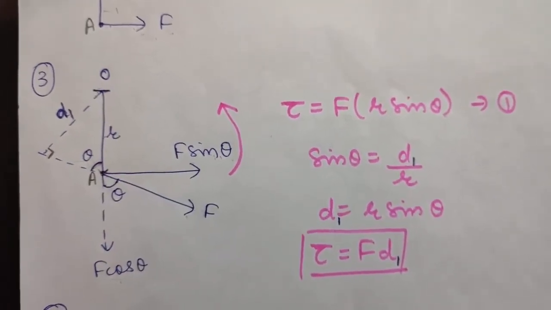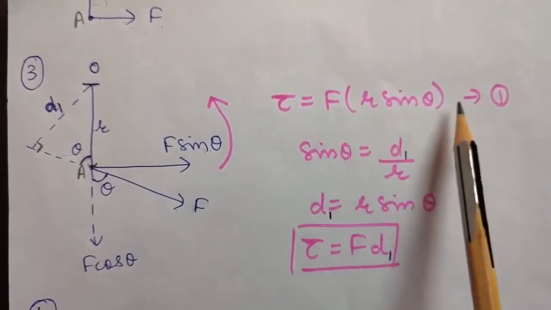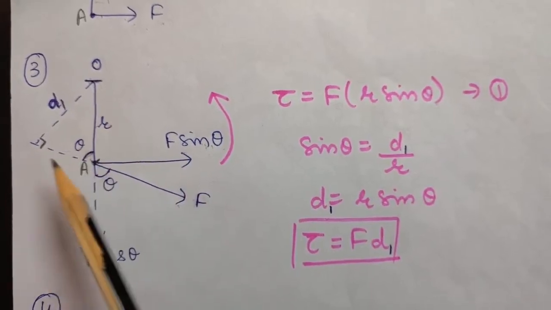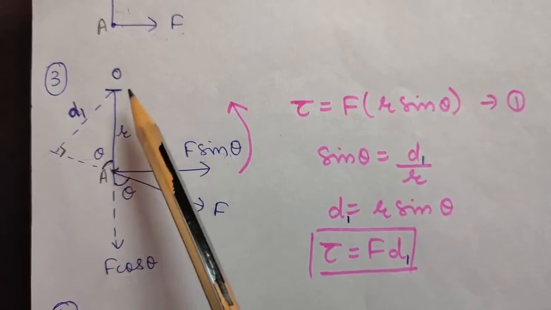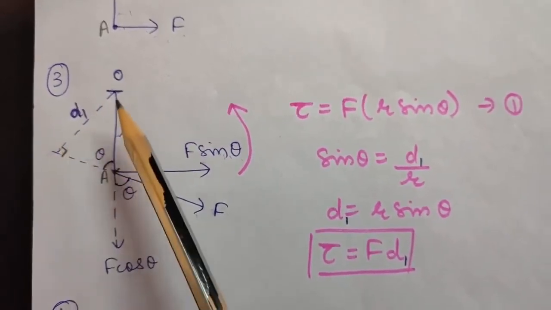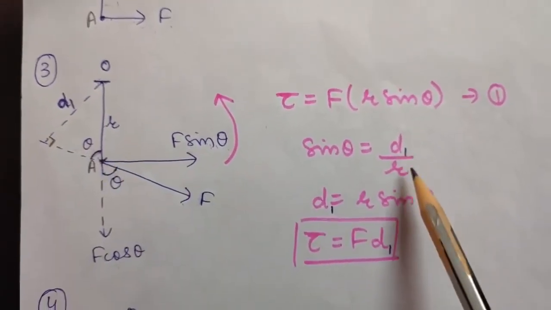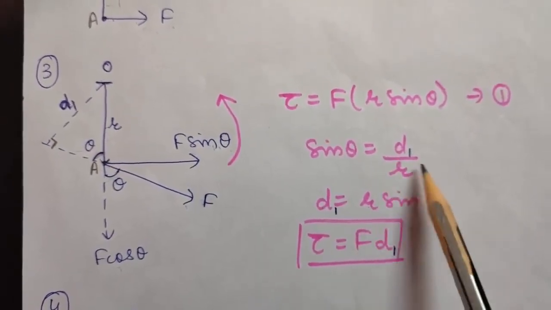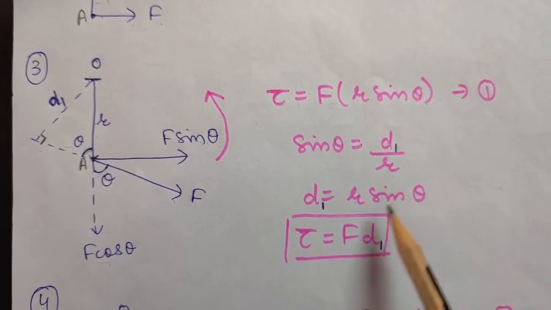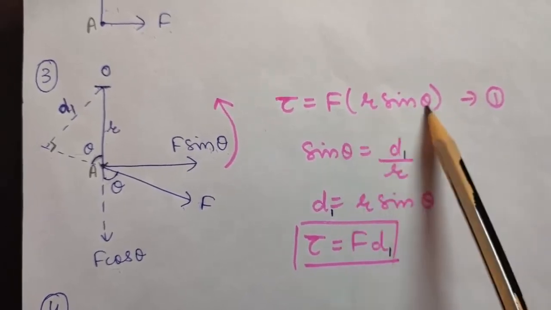Okay, so now torque is Rf sin theta. Now if in this triangle you calculate sin theta is perpendicular upon hypotenuse, perpendicular is D1 and hypotenuse is R. So sin theta is D1 upon R. Now if you calculate D1, that will come to be R sin theta. From here, if you see 1, R sin theta is D1.